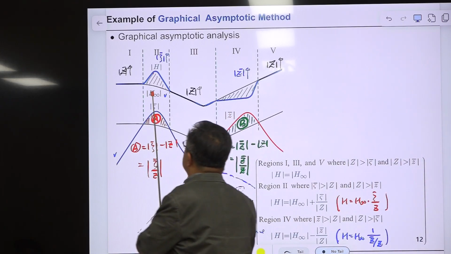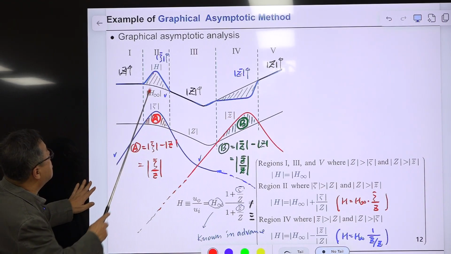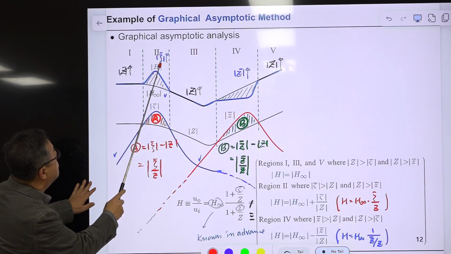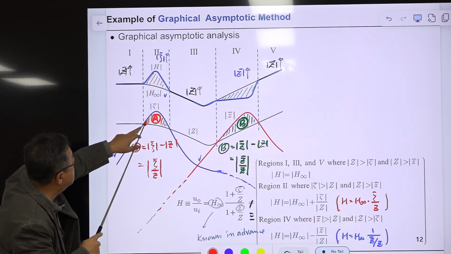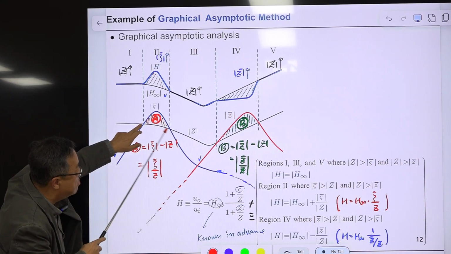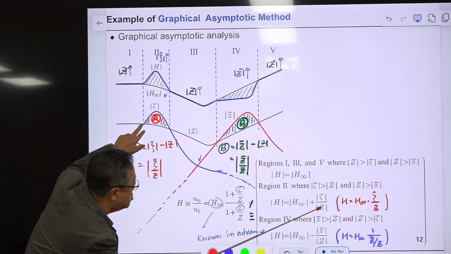How about this region, region 2? Here zeta bar is dominant. So zeta bar is larger than this G, that is, zeta bar is larger than G bar.